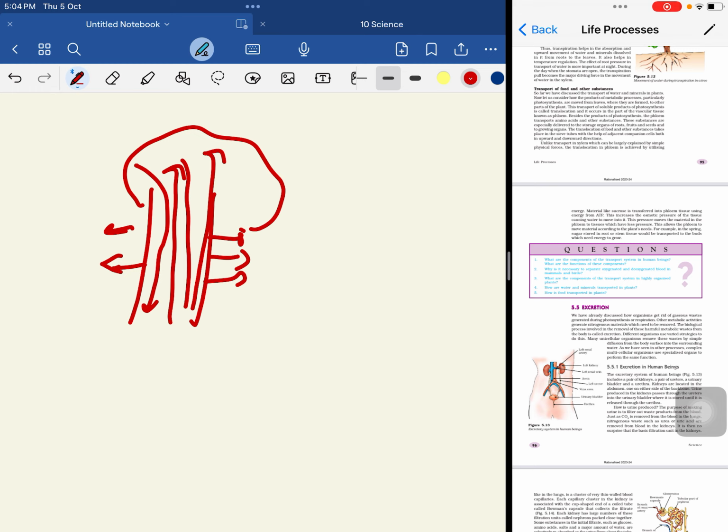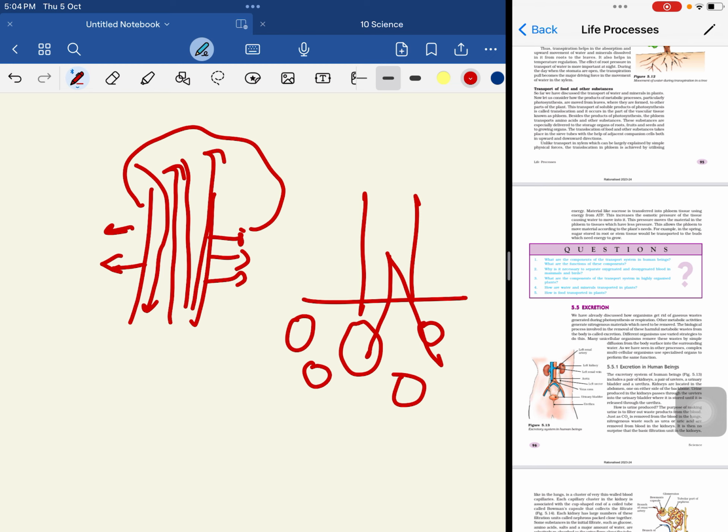For example, in the spring season, sugar stored in the roots or stem is transported to the buds, which need energy. This is another example.